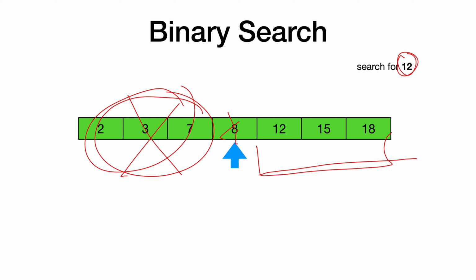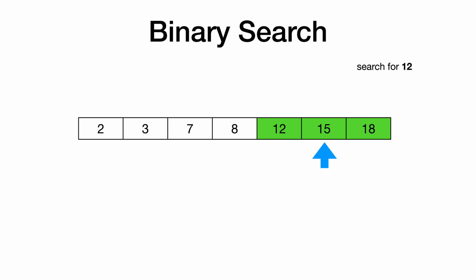So that's what binary search does. It goes over here and it says, okay, now this is our range. I'm going to do the same thing. Here's the middle point. The middle point's 15. Well, 15 is larger than 12, so it's not 15, and that means it can't be on the right side here, which means it needs to be on the left side of the range.